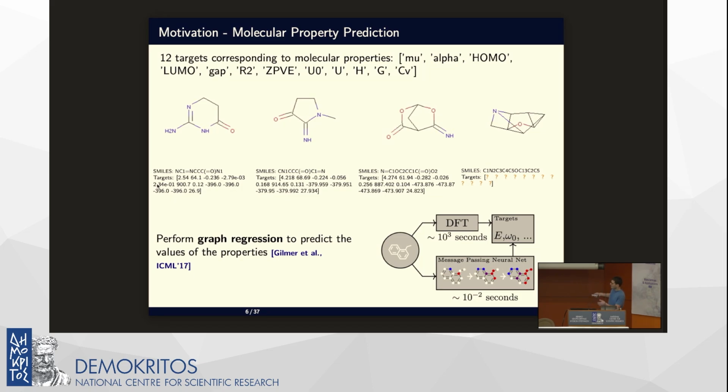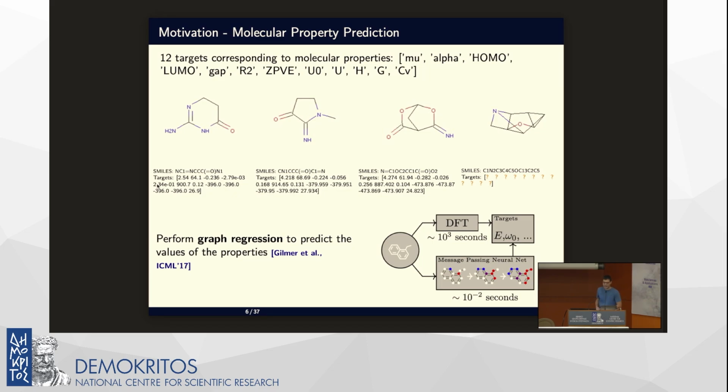And we have some other molecules, like this one on the right, for which those values are unknown, and we need to somehow estimate those values. And to predict those values, we can use graph regression algorithms. So we can train some model that takes these graphs as inputs, and then we can use the model to make predictions for the molecules of the test set.